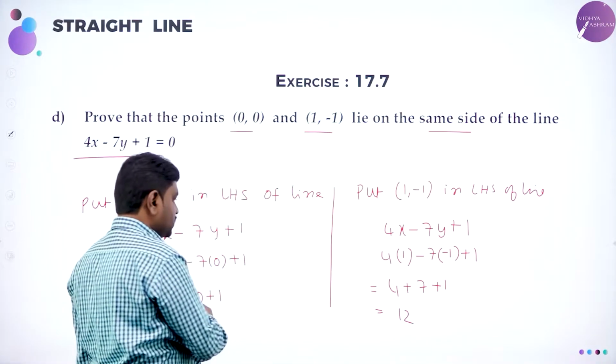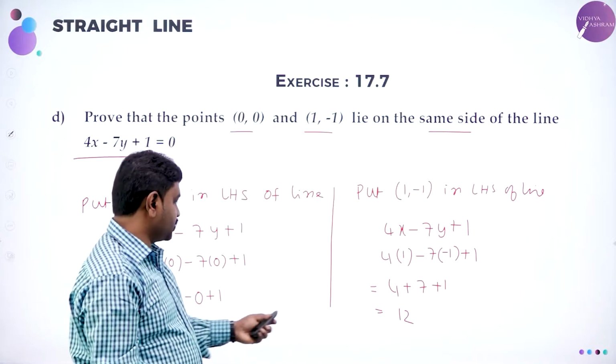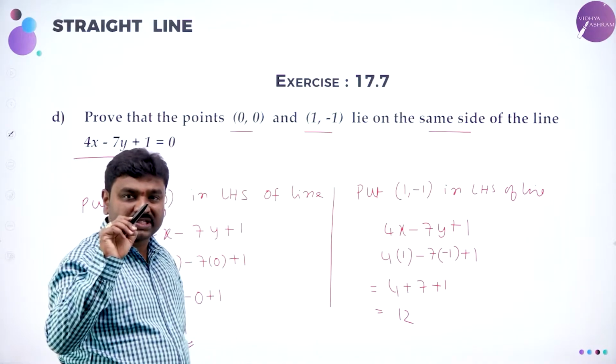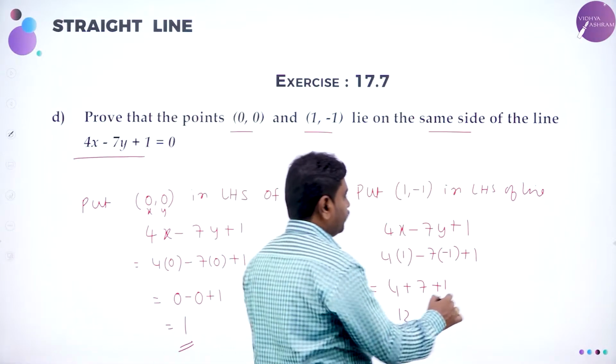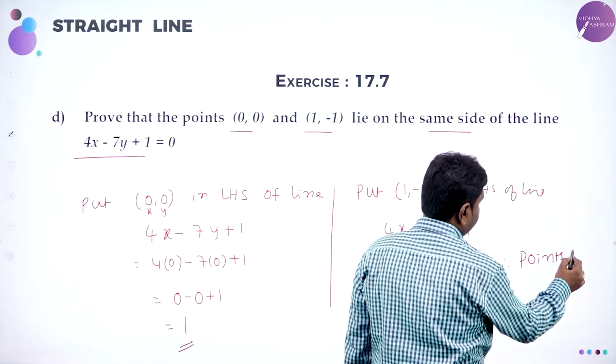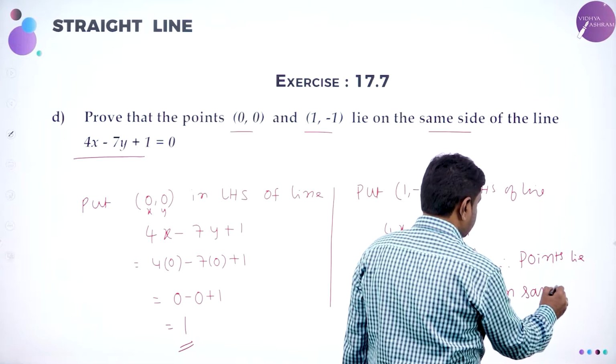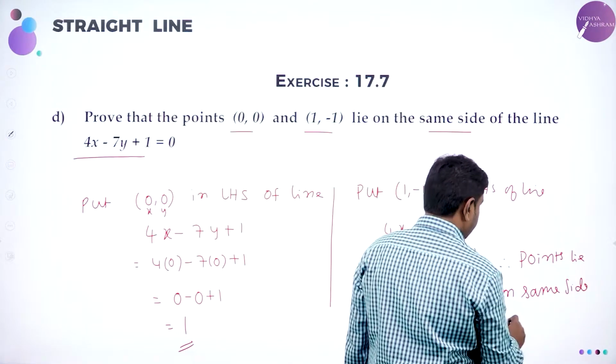So dear students, this is positive and this is also giving you positive. So both are positive, both are giving you the same sign. So therefore, the points lie on the same side of the line.